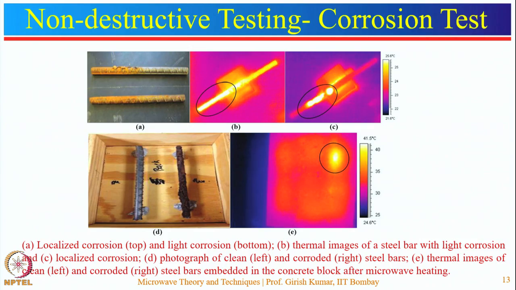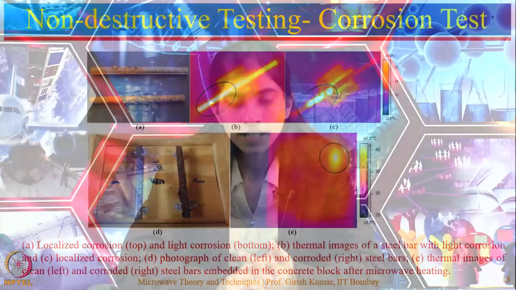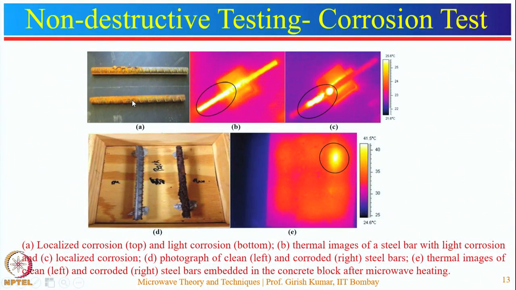Now, we will see what will be the effect on these steel bars when they are embedded in concrete. So, here is the example. In this, 2 steel bars are taken. In one, half of the area is uniformly corroded.